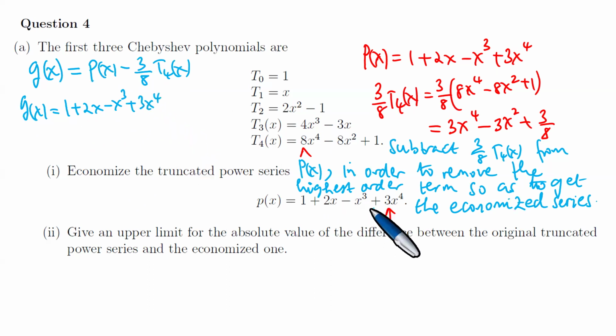We copy this exactly as it is, and we minus 3x to the 4th power plus 3 out of 8.